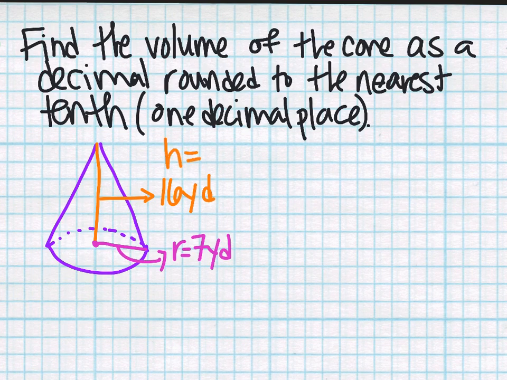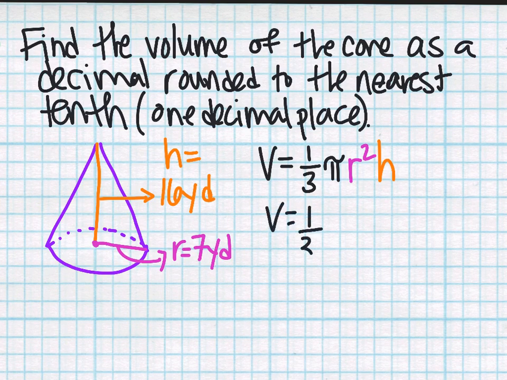Okay, so first thing I want to do before I go any further, I'm going to write down the formula for the volume of a cone. Volume is equal to 1/3 times pi r squared h. So this one's pretty easy. I'm just going to plug the numbers in. So I've got volume equals 1 divided by 3 times pi.